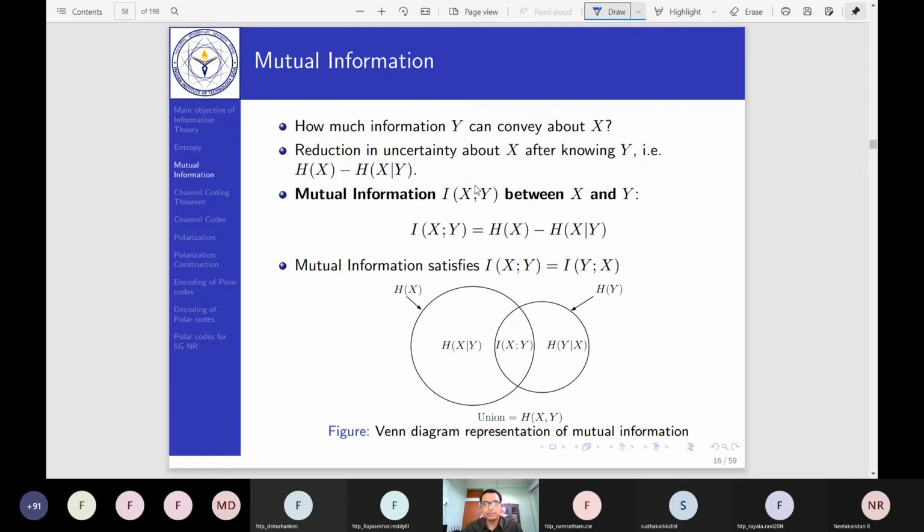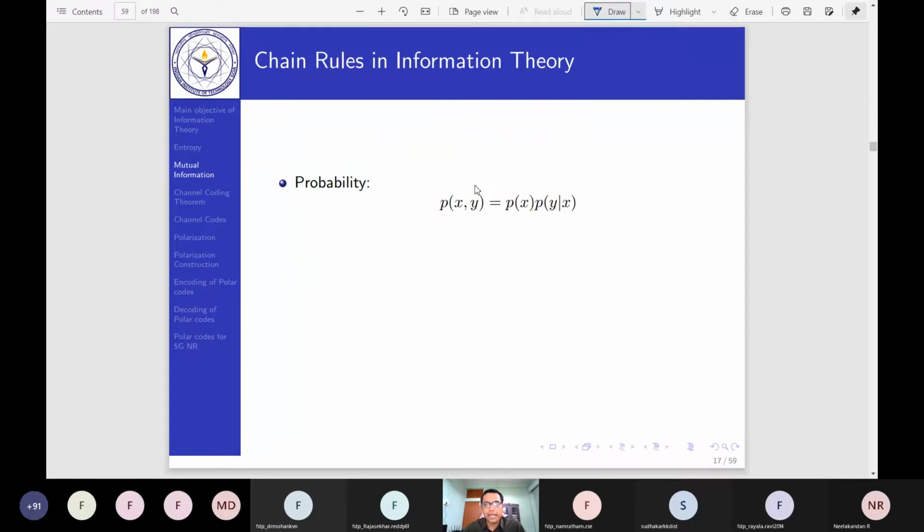The mutual information is symmetric in its arguments. The mutual information between x and y is equal to the mutual information between y and x, and it can be diagrammatically represented with the help of a Venn diagram. Again, this chain rule of information theory will be important for polar codes.